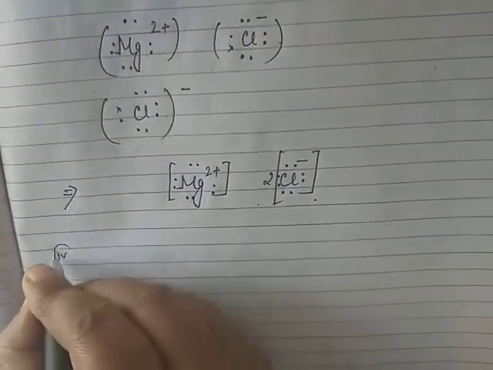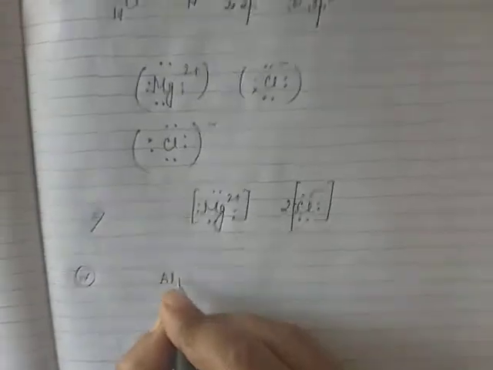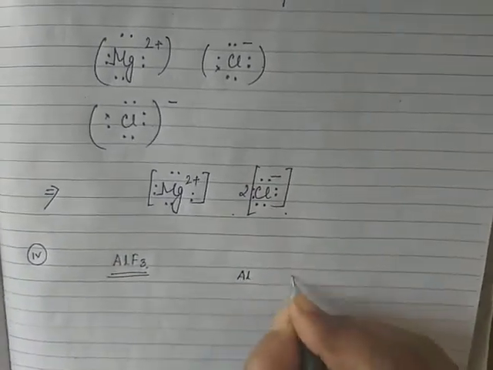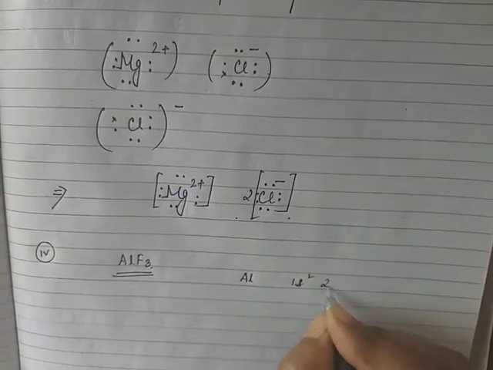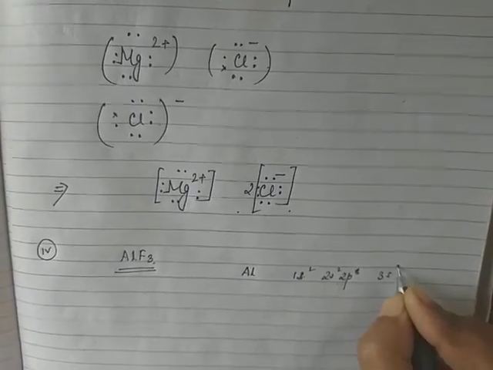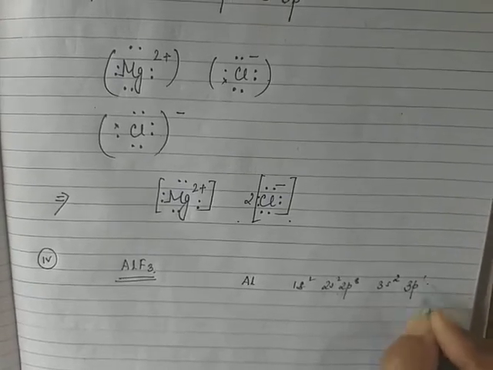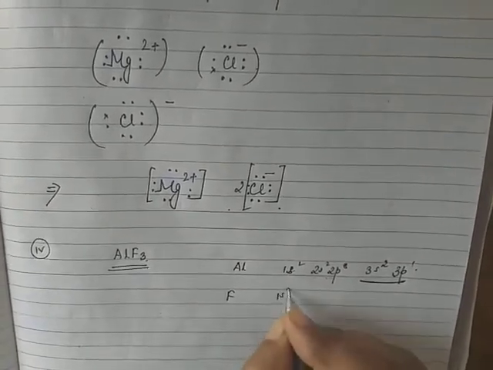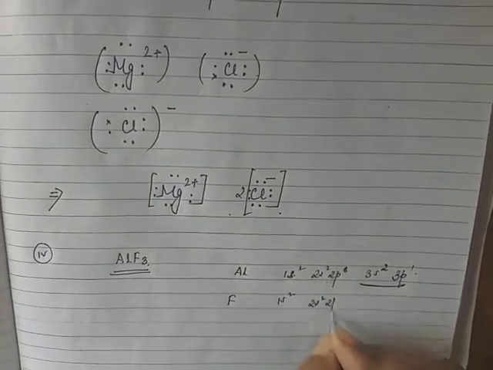Next, if we want to show the formation of the aluminium fluoride molecule, Al is 1s2, 2s2, 2p6, 3s2, 3p1. That is, as a whole, 3 electrons in the outermost shell, and fluorine is 1s2, 2s2, 2p5.